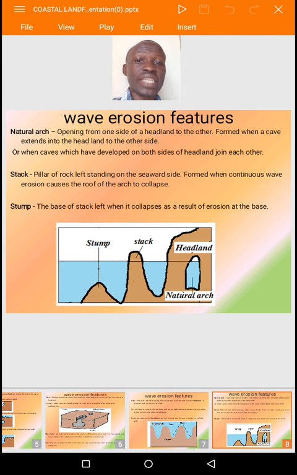And lastly, the base of the stack is left when it collapses as a result of erosion. Continuous erosion acts upon the stack, then it disappears. So when the tides are high, this stack will not be seen, and when the tides are low, the sea level is low, then it can be seen.